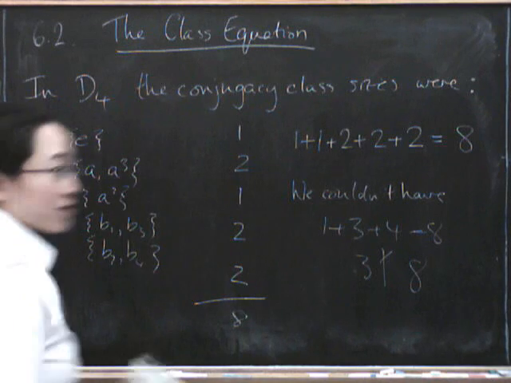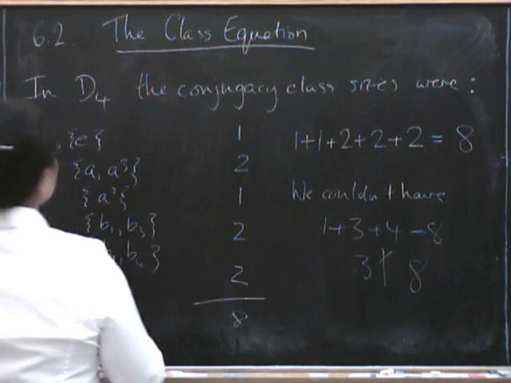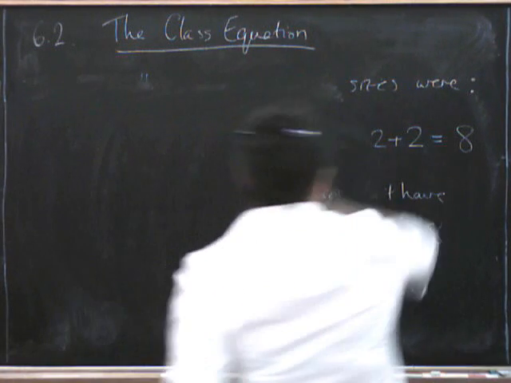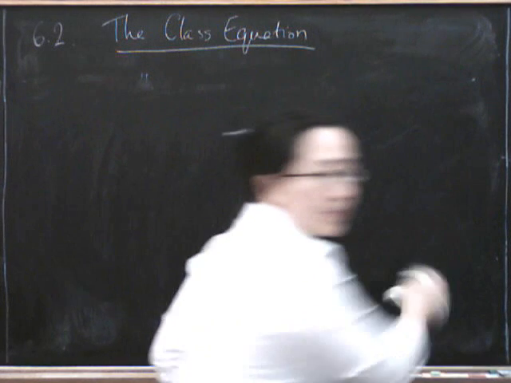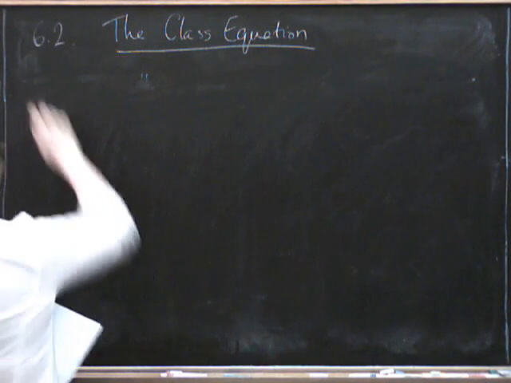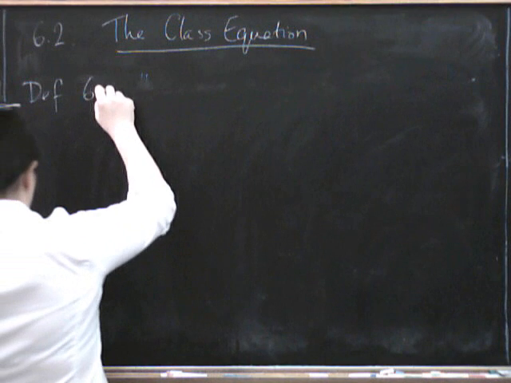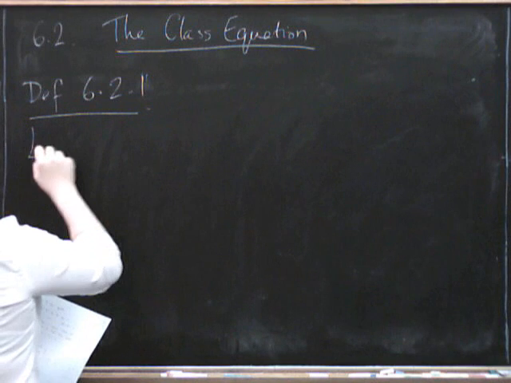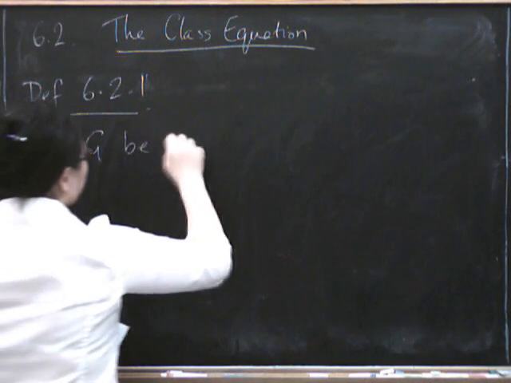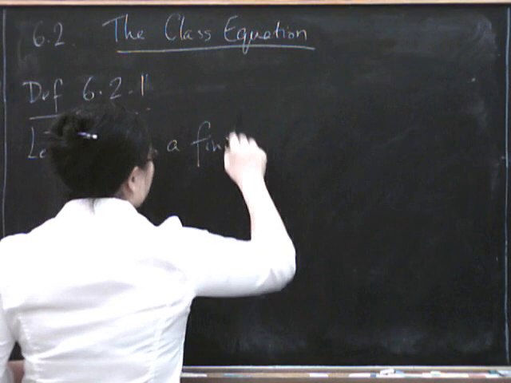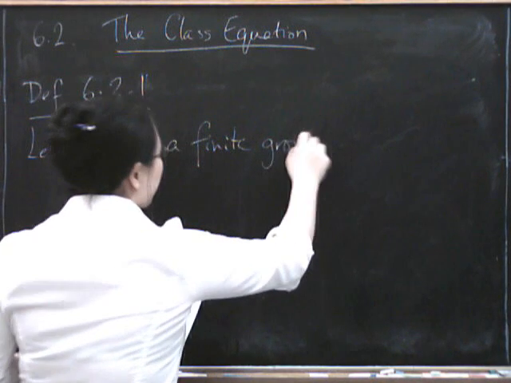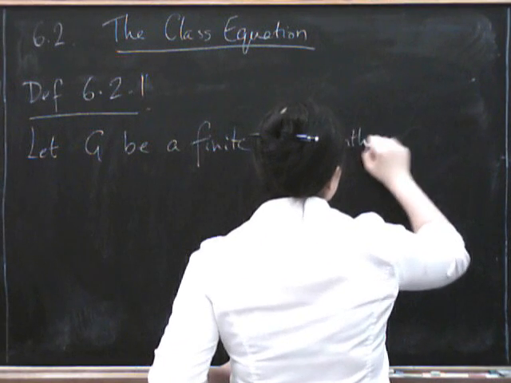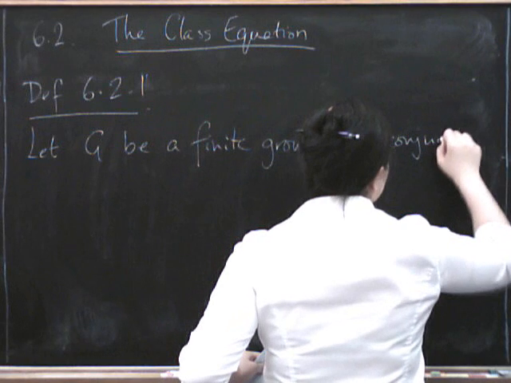Well, in fact now, let's just write down first of all exactly what the class equation is. Okay, so definition 6.2.1: let G be a finite group, and let's give ourselves some notation for its conjugacy classes.